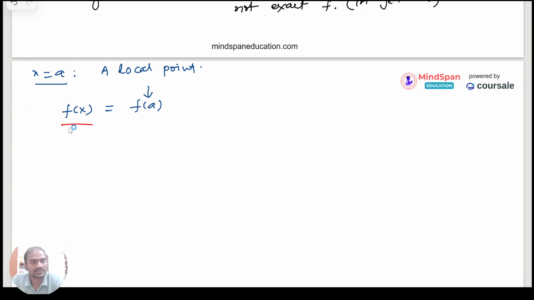So let's not say equal to; let's say this is an approximation. Let's assume our function is f(a). The worst possible approximation is that constant function.